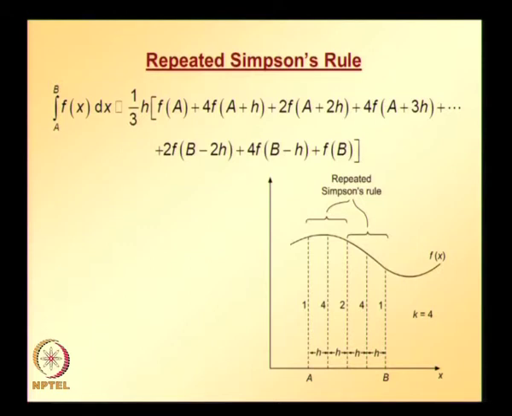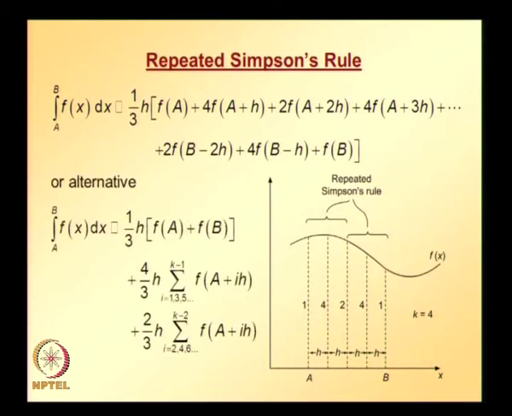So, when we apply this repeated Simpson's rule, the integral of f(x) between the limits a to b turns out to be this one, which can be further simplified. Here I think because of a font problem, the approximation symbol is not coming properly.